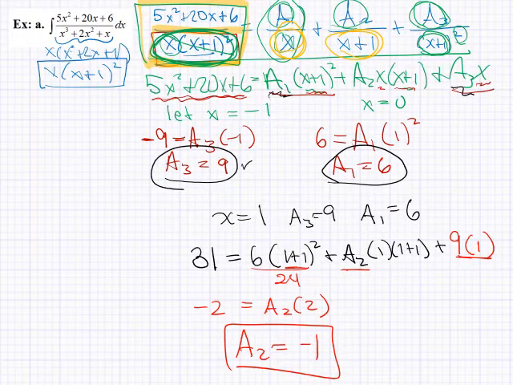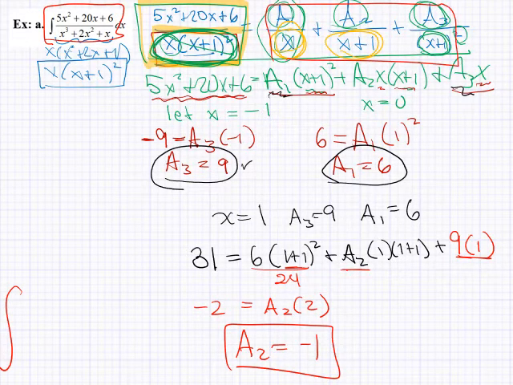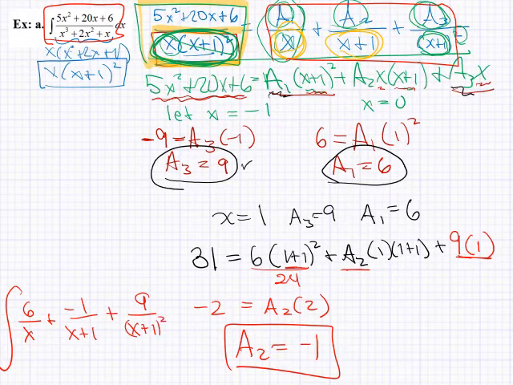All right. So in the end, the integral we want to do is not this integral, but this integral, which would be 6 over x plus negative 1 over x plus 1 plus 9 over x plus 1 squared dx.